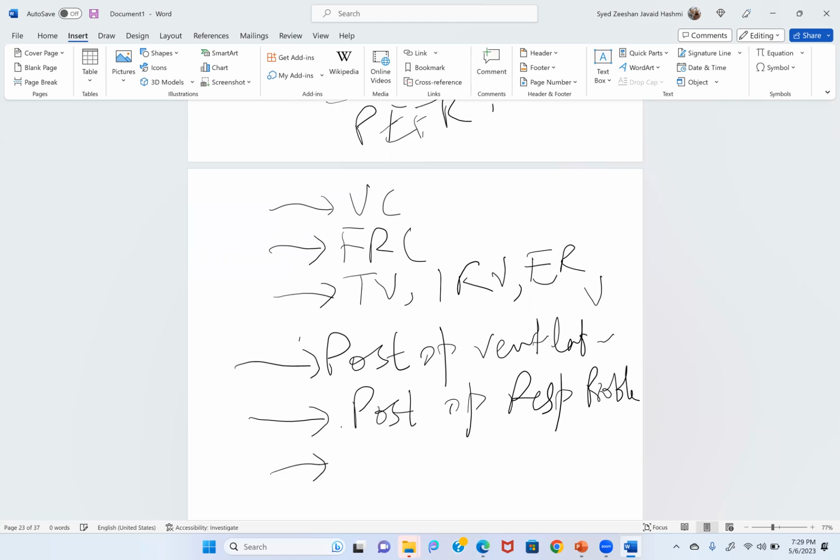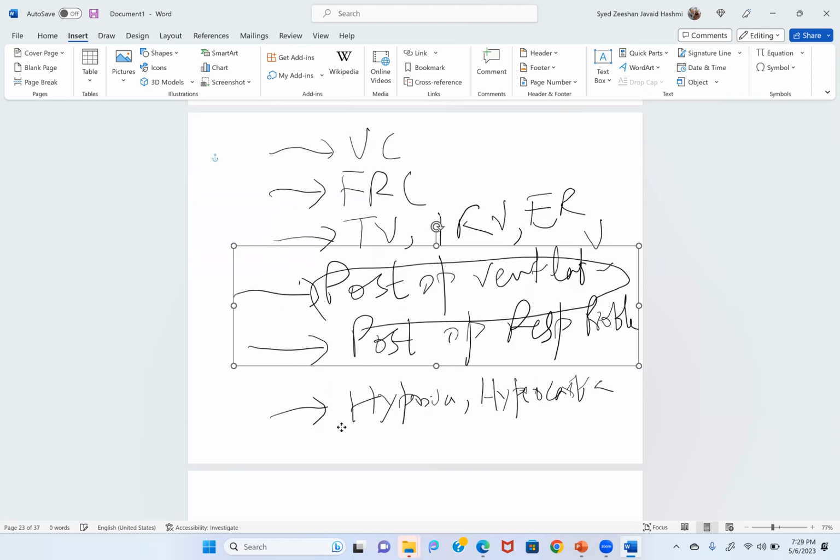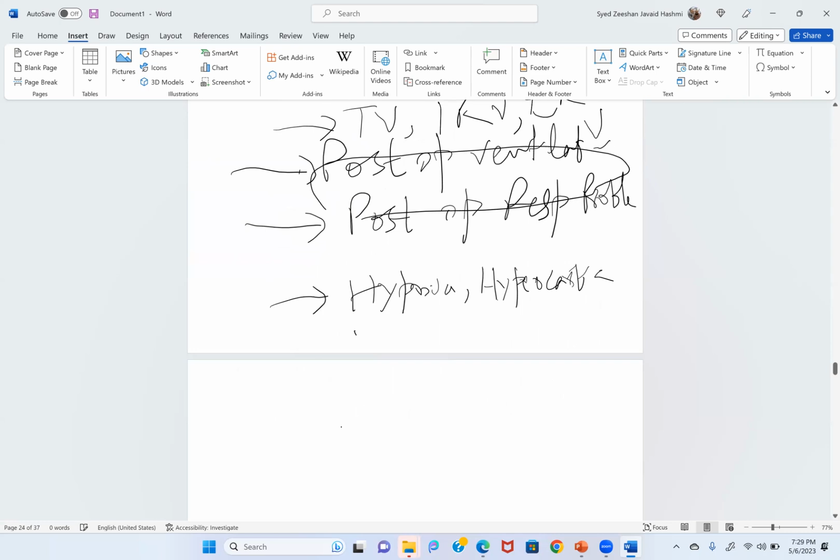There will be chances, if not clear-cut post-operative ventilation, but still maybe you have hypoxia, hypercarbia. If the patient was on hypoxic drive and you give too much oxygen, the patient will not breathe, and there will be a bad outcome in the postoperative period.